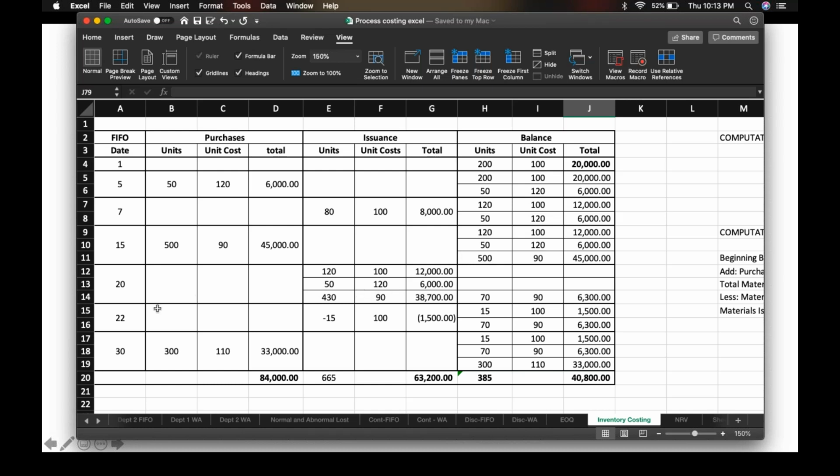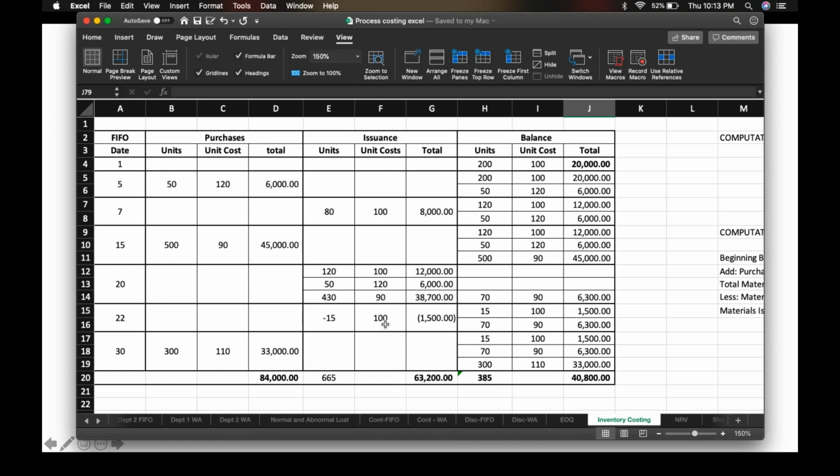Okay, now, for example, in January 22, an issuance was returned from the production back to the warehouse. And this issuance comes from the issuance from the January 7 transaction. So kung babalik yan at 100, kung magkano yung ginamit nating cost doon, yun ang gagamitin din natin to record the return of the goods to the warehouse, and that is 100 pesos.